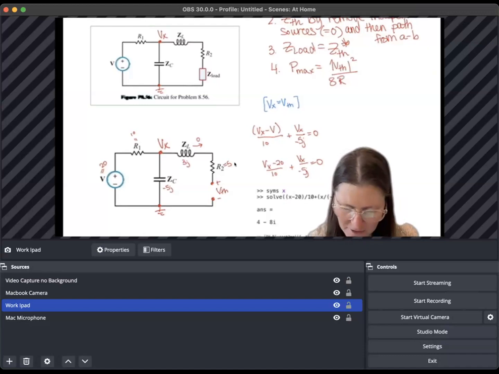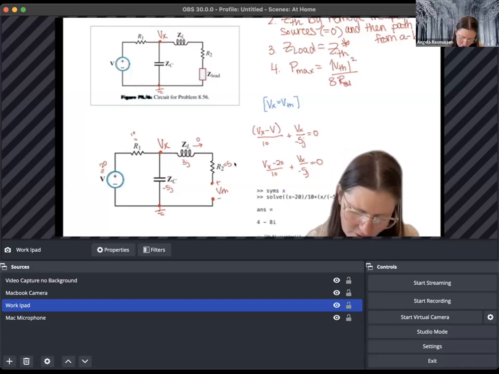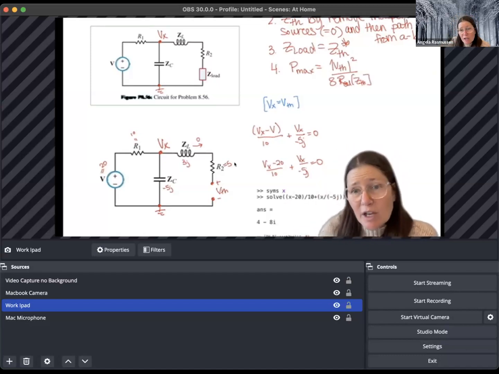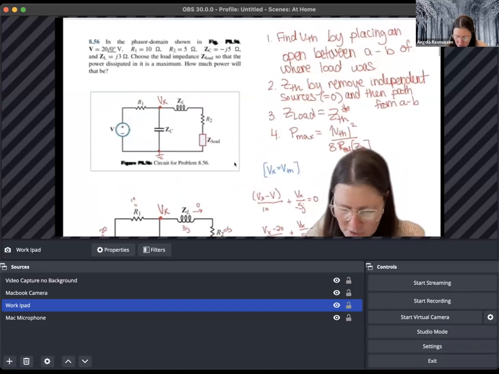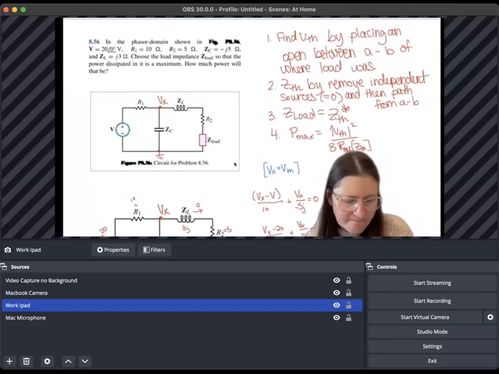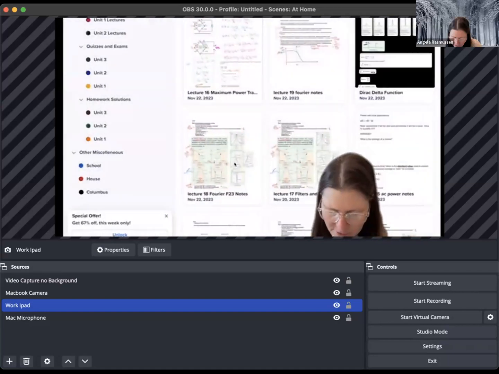Trying to think, there's a better formula for you. So those are the 4 steps for the maximum power transfer. Great. And then let's see, what were the other ones?